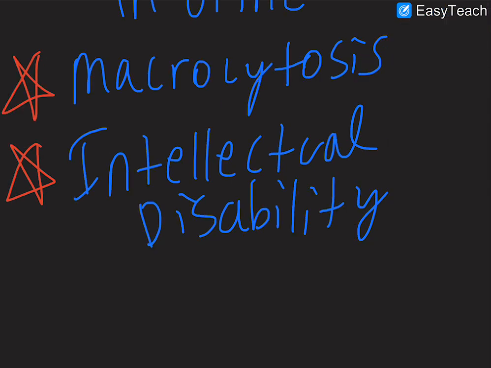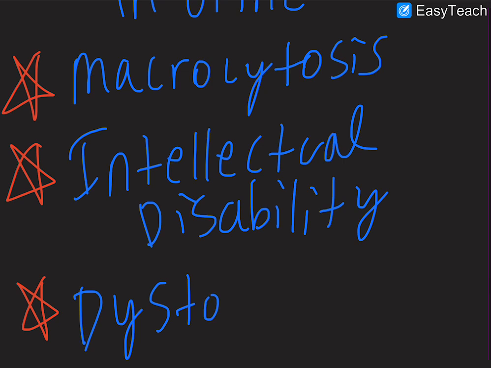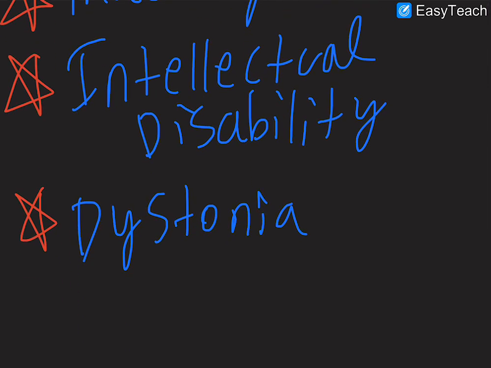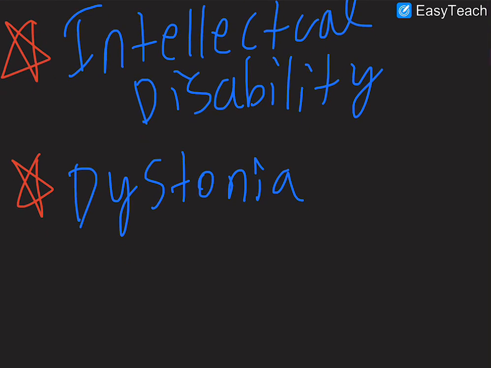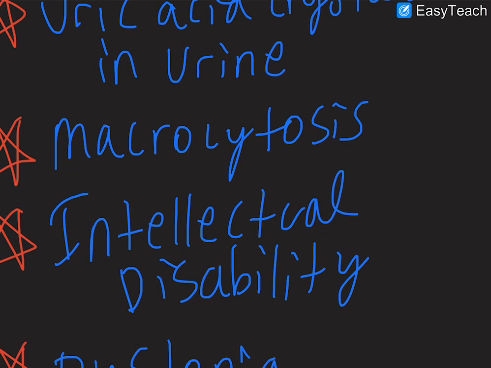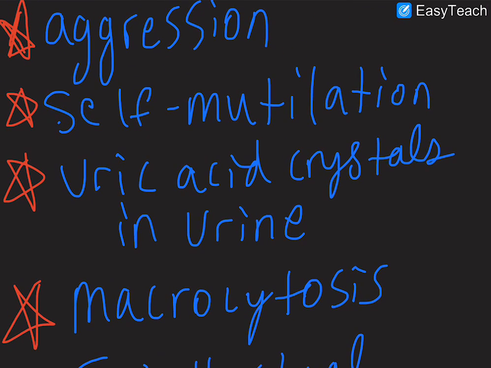You can also see dystonia. So let's go and write that down. Dystonia. So like maybe abnormal contractions of your antagonistic muscles, which can lead to maybe tense muscles.